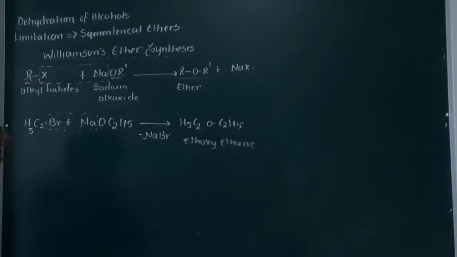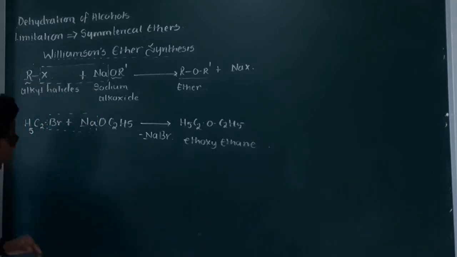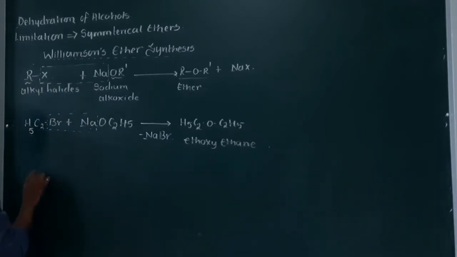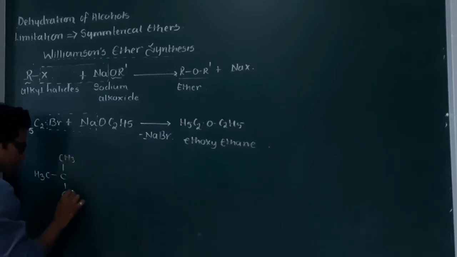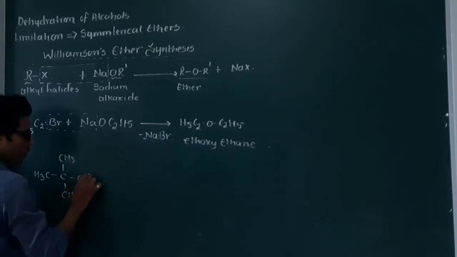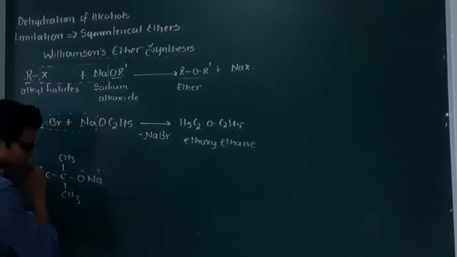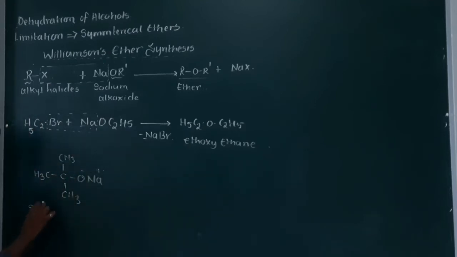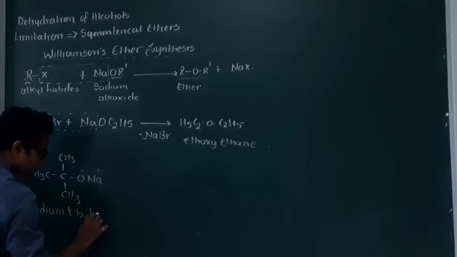Let us go one step further in order to understand how an unsymmetrical ether can also be formed. Let us take a highly substituted system, sodium tertiary butoxide.